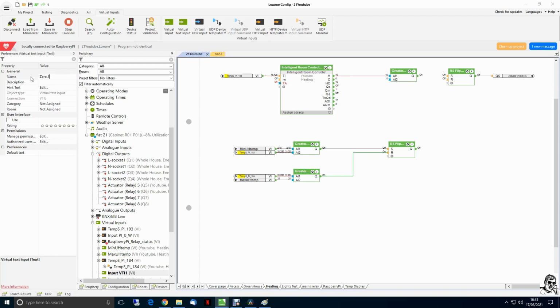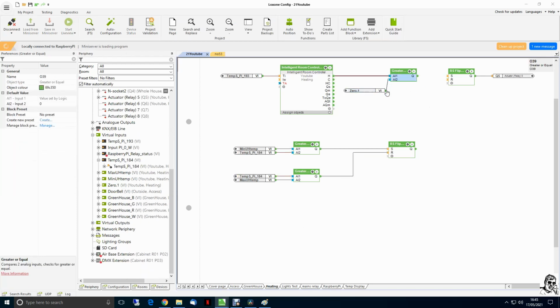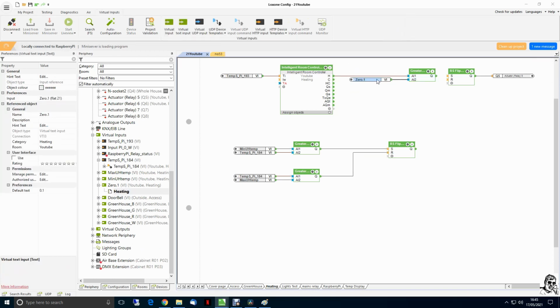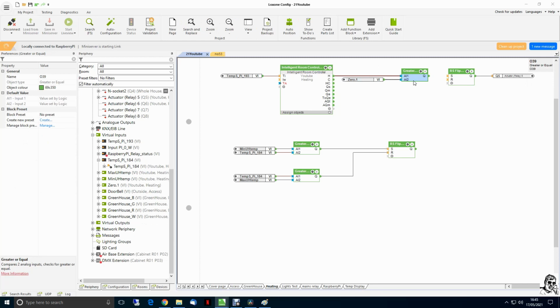So 0.1, yeah, and set 0.1. Take this into the, okay, that doesn't like them. Okay, something like this. Okay, and set the flip-flop.